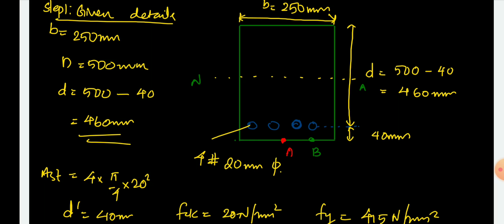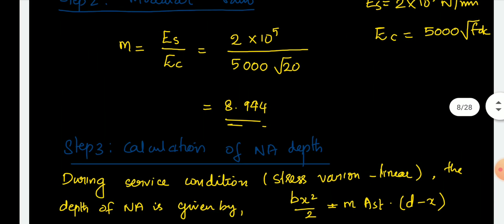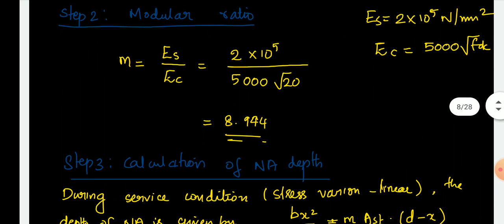Then step 1 is usually given details. B is given as 250, D is given as 500 mm, and also given the effective cover is 40 mm. That means the effective depth is 460 mm. Then next is the calculation of modular ratio given by Young's modulus of steel to the Young's modulus of concrete, 2 into 10 to the power 5 divided by 5000 root fck.